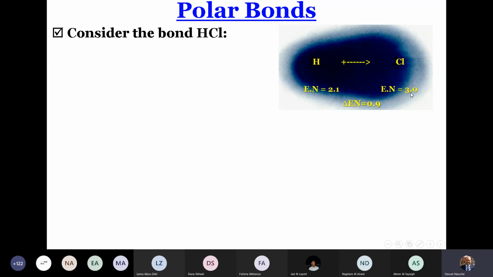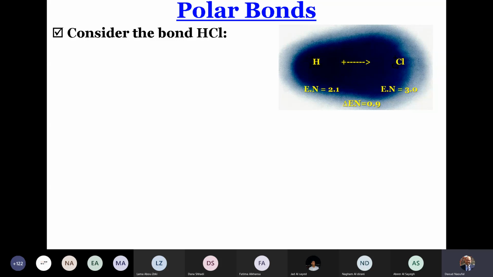So the difference of electronegativity, delta EN, between Cl and hydrogen is equal to 0.9. And this value is between 0.5 and 2. So the bond HCl is a polar bond, or the bond HCl is a polar covalent bond.